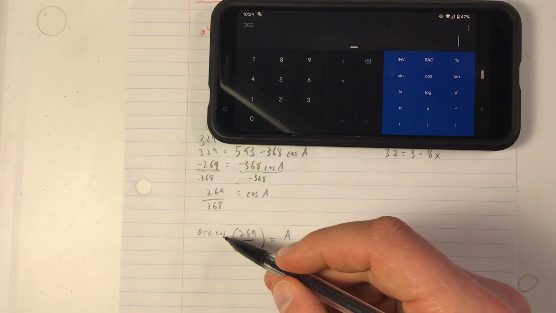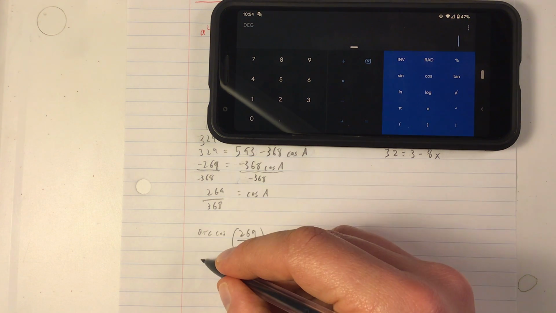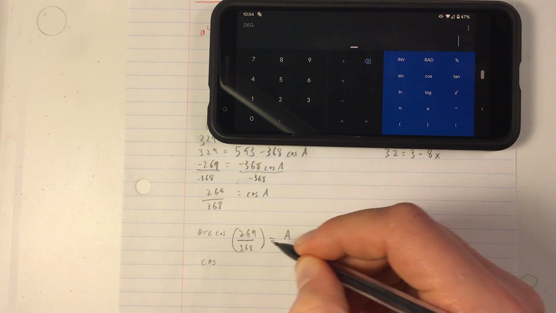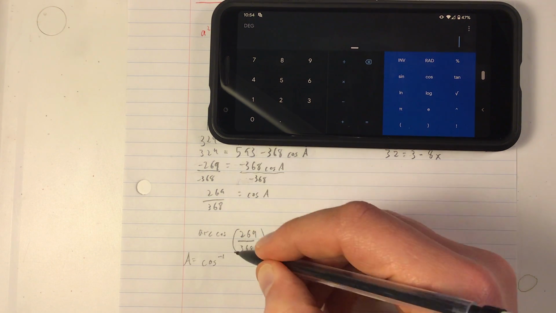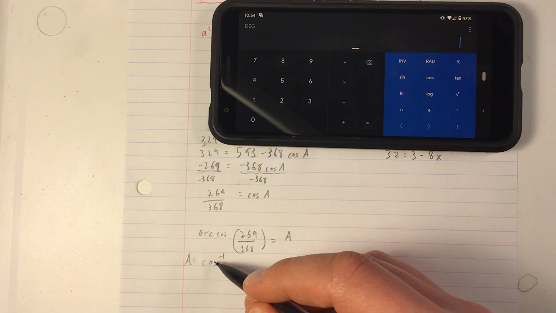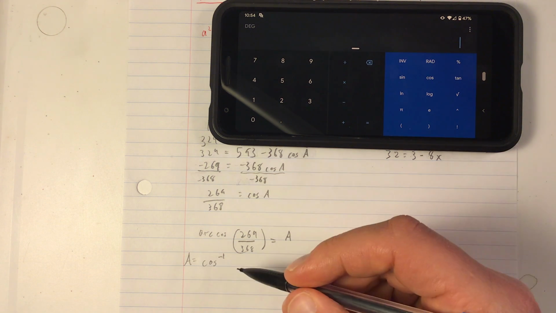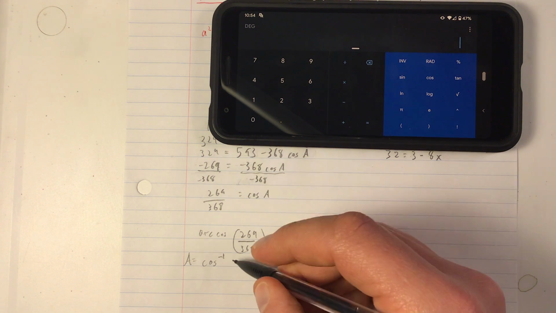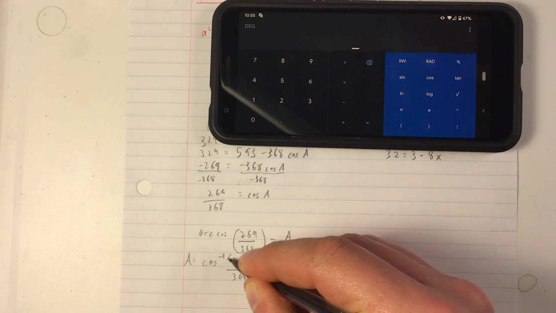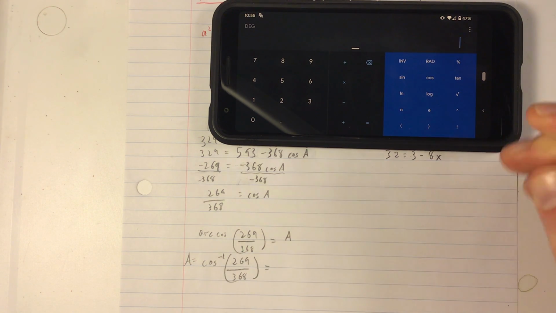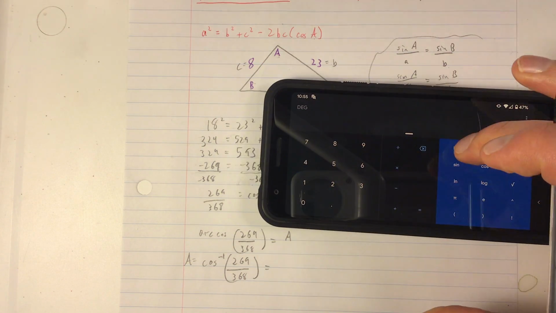Now on your calculator, it's probably not going to look like arc cosine. It's probably going to look like this. Angle A is equal to the cosine to the negative 1. That does not mean cosine is raised to the negative first power. And so I'm going to come over here.